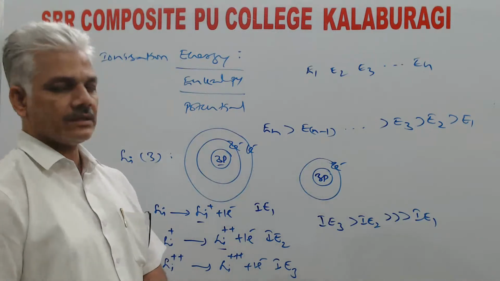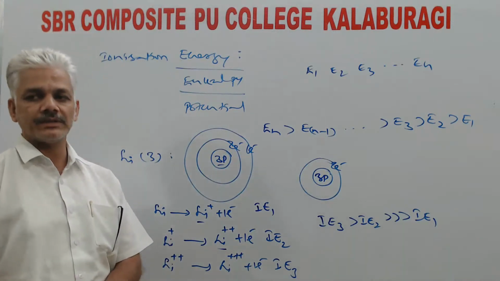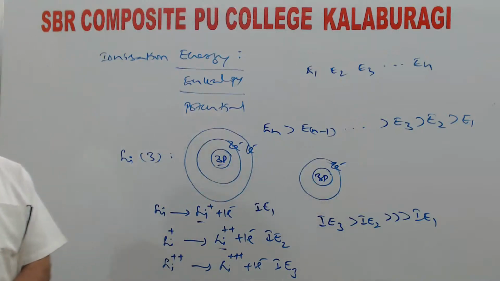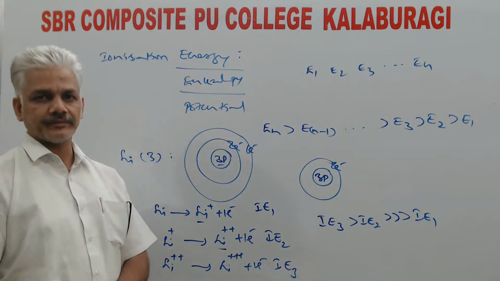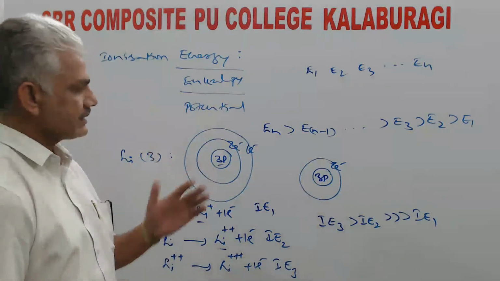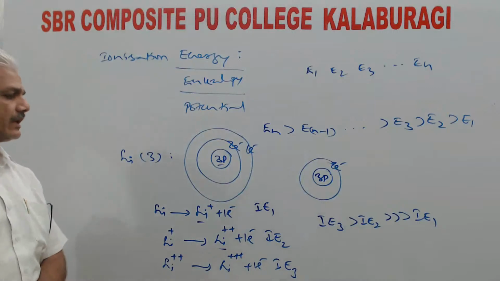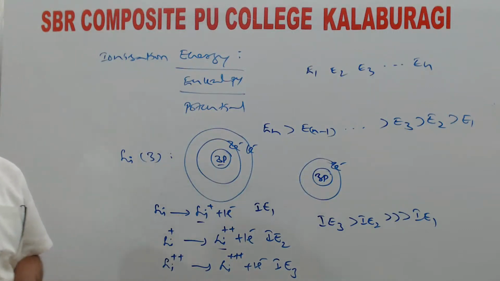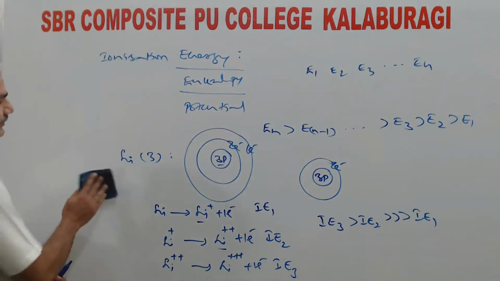And the ionization energy values of 0 group elements are the highest. So like this, wherever abnormal values come, we have to analyze them. These anomaly values can be explained by means of some factors, what we call the factors affecting the ionization energy.